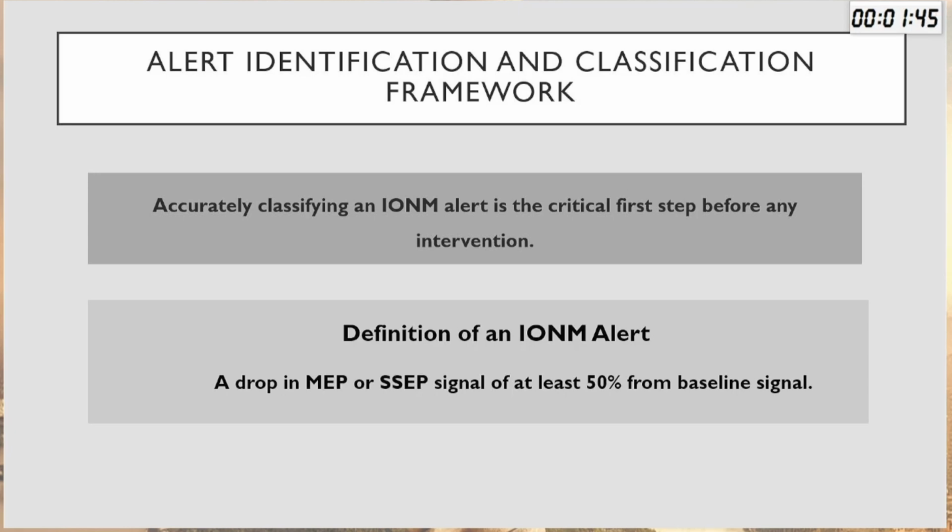The neurophysiology technician will tell you that there is a problem when he has a drop in the motor or the somatosensory evoked potential signal of at least 50% from the baseline signal.